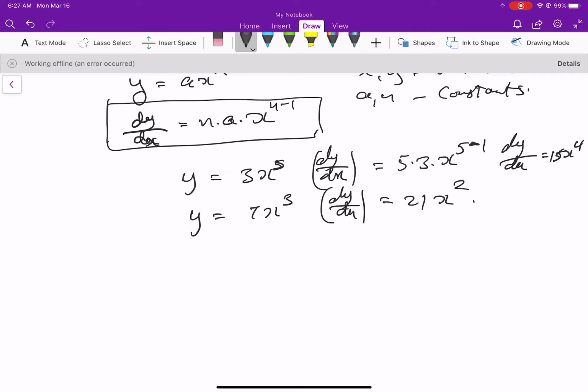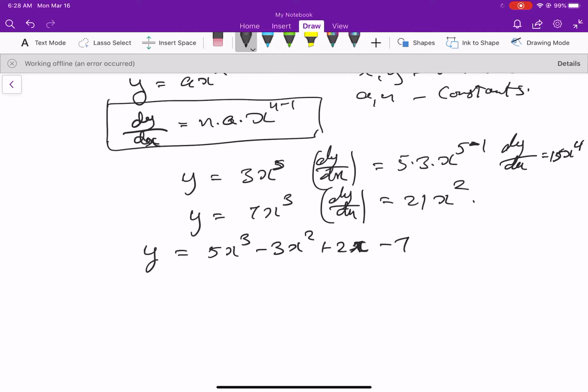Very important to note, differentiation satisfies the distributive law. That is, differentiation distributes over addition and subtraction. So, let's say you had a polynomial function made up of parts that are added and subtracted, y is equal to 5x cubed minus 3x squared plus 2x minus 7.